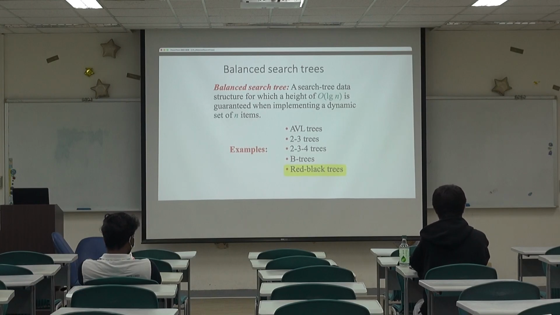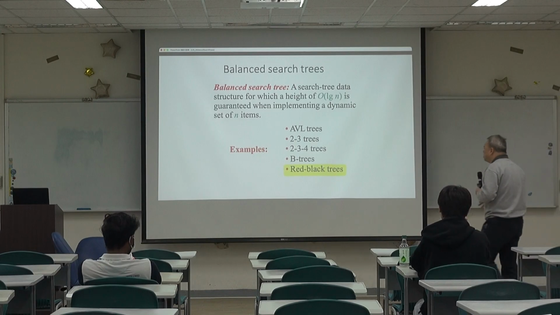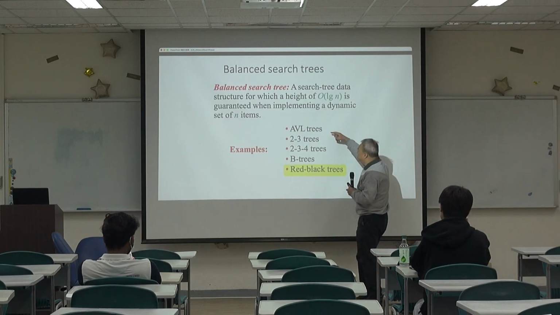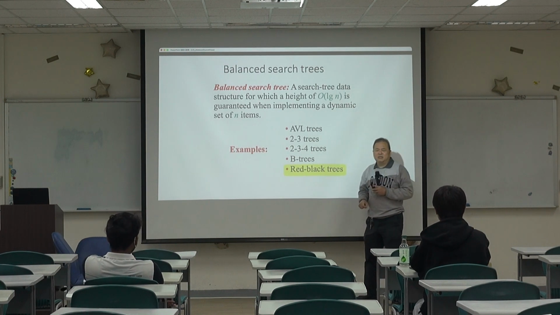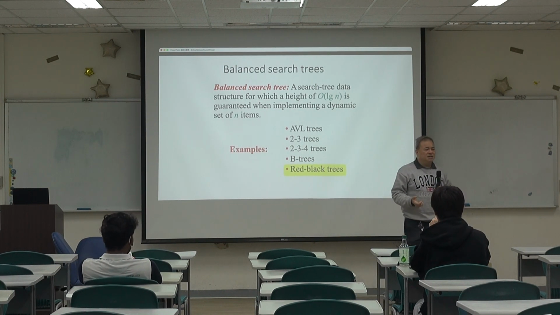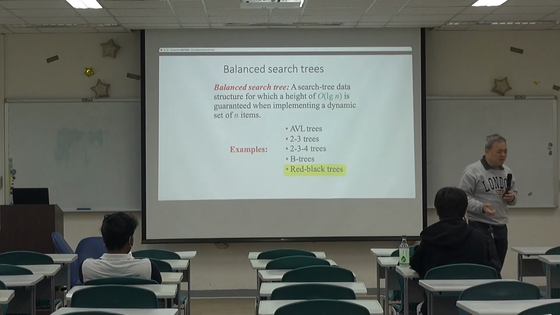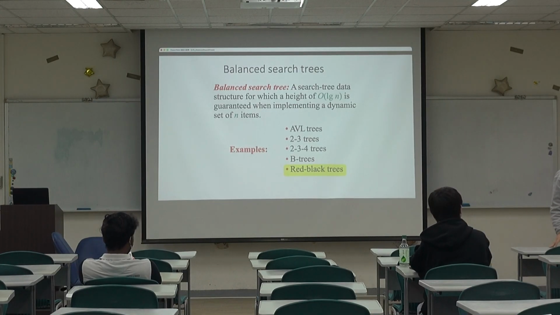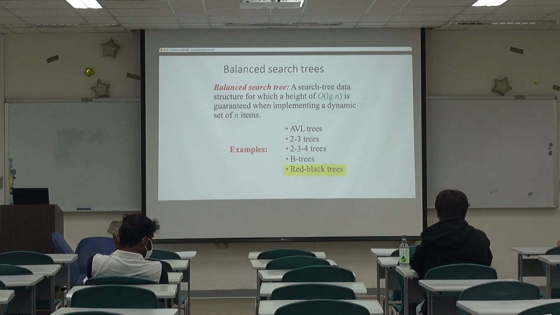Well, B tree. Actually, AVL trees and B trees are sort of important, especially the B tree. B tree is very important when you discuss databases, because we use databases all the time nowadays, right?